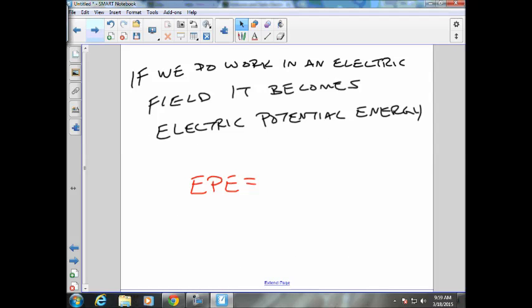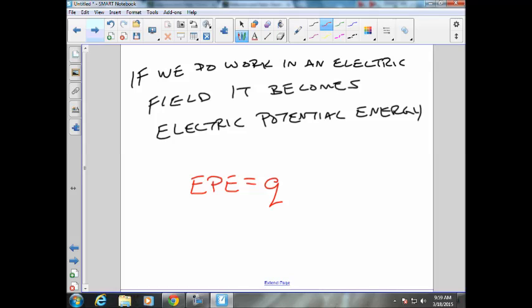So now we're talking about doing work in an electric field on some object, and how are we going to describe the fundamental nature of the object that we are moving? It's not mass anymore. Now it's going to be how much charge it has, Q. And then we have to look at the strength of the field in which we are moving this object.